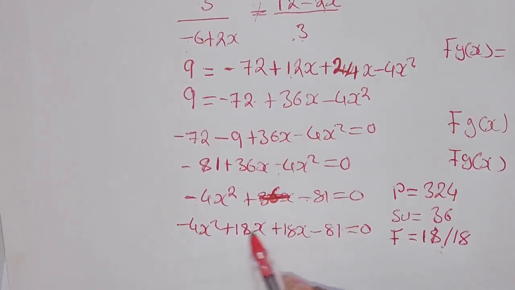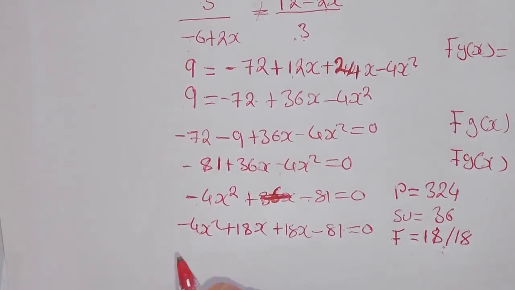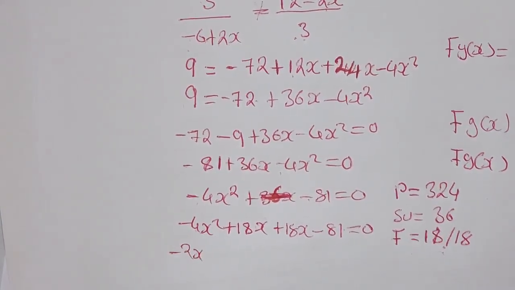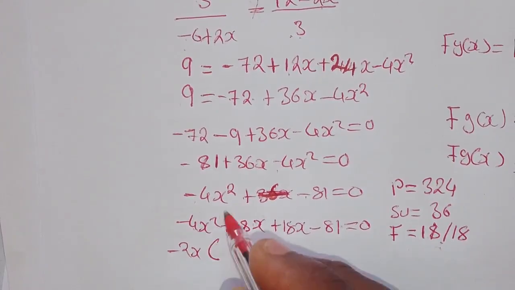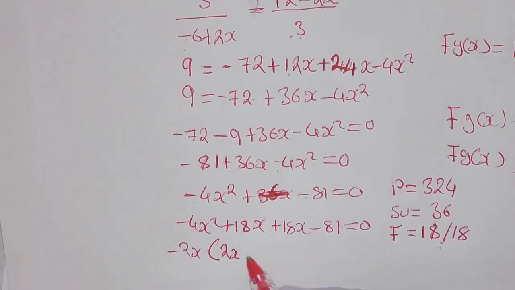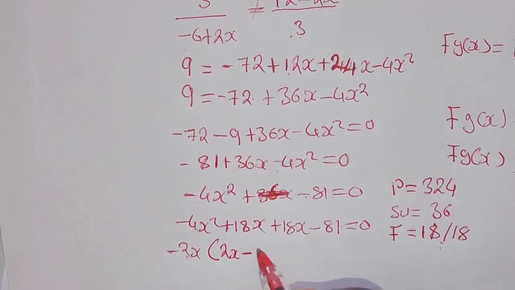So if you see here which one is common, we're going to see that it's negative 2. So we're going to have negative 2x outside, isn't it? Negative 2x into 4x squared, we're going to remain with 2x. Negative into positive, we're going to have negative here. So 2x into 18x, this is 9, isn't it?